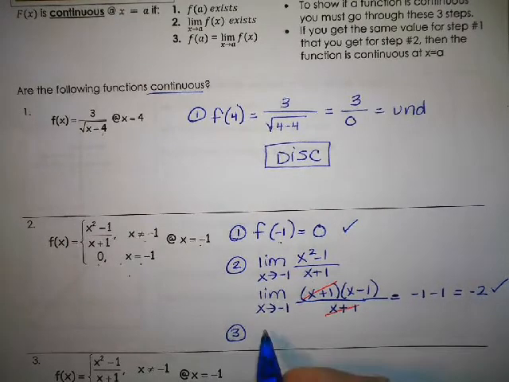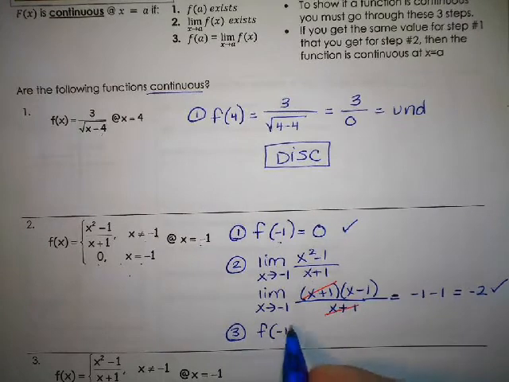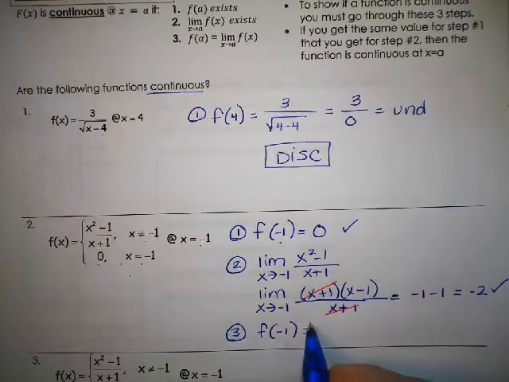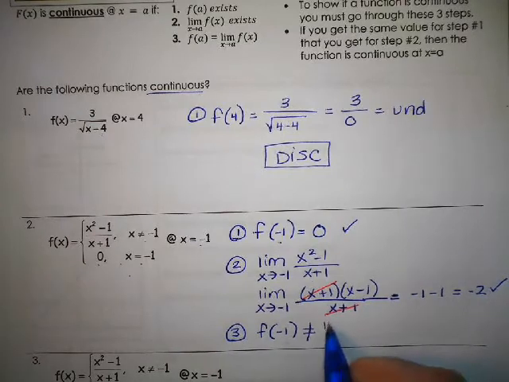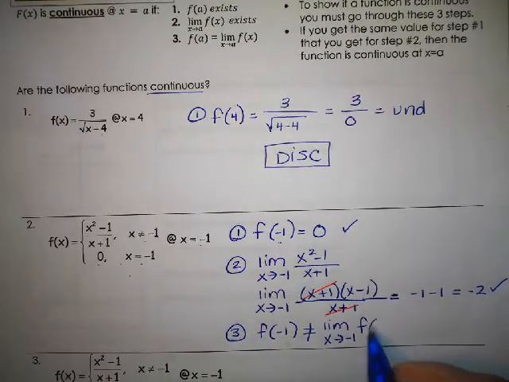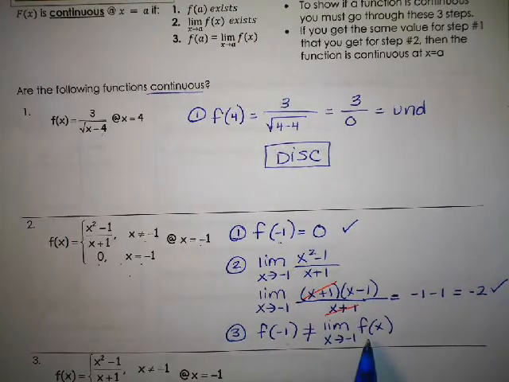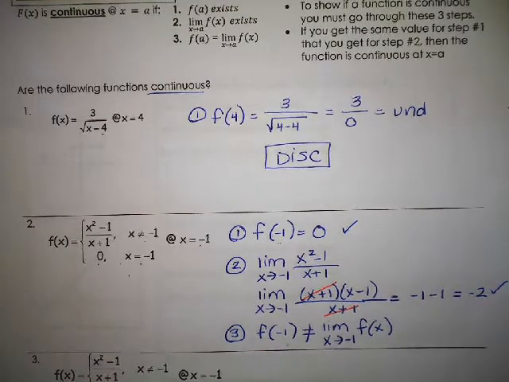I have to write step 1, which was f of -1 does not equal the limit as x approaches -1 of f of x. Remember we talked about last time how whenever we write limit, we have to put a function next to it. So in this case, f of x. Therefore, discontinuous.